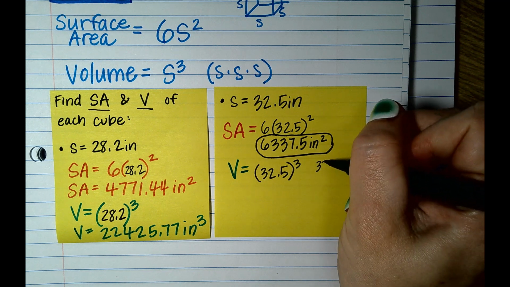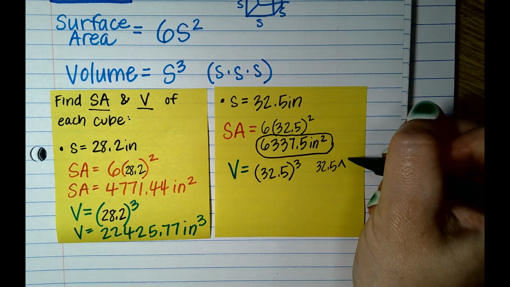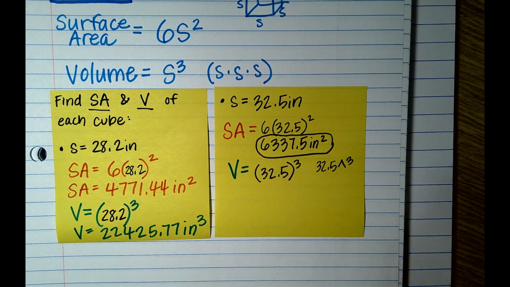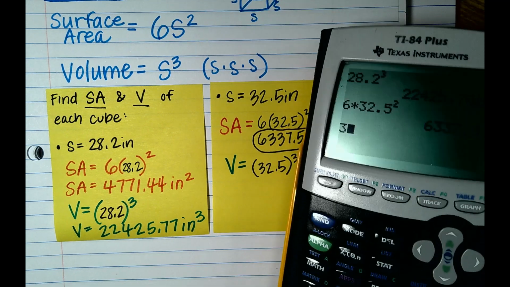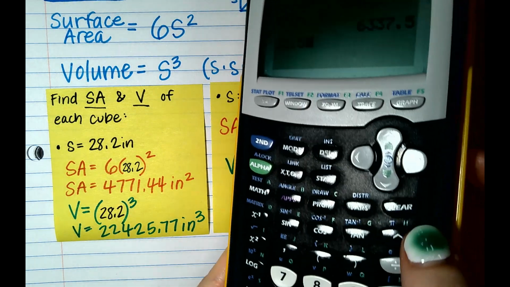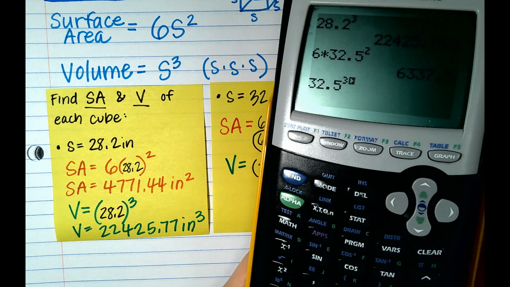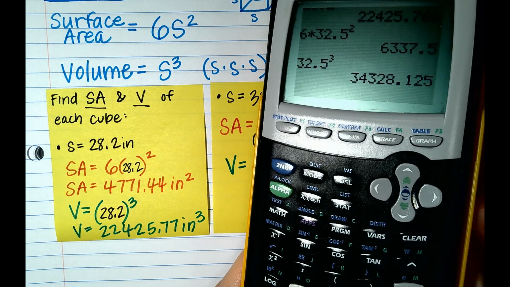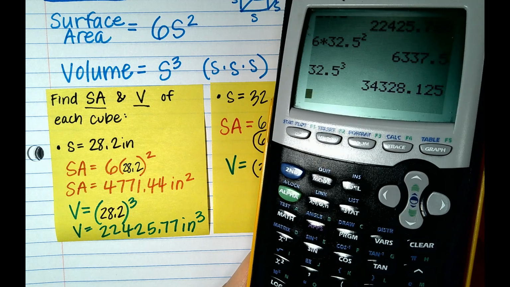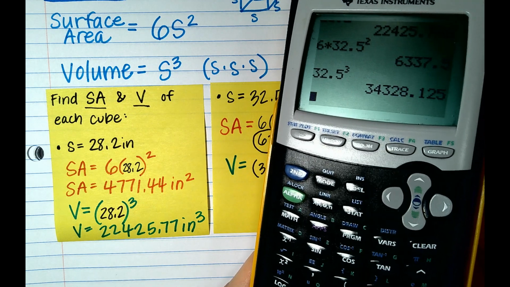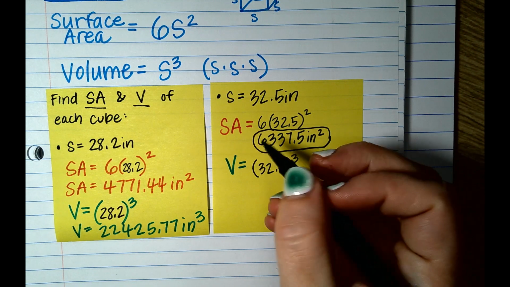You could write 32.5, your little up arrow, 3, because that's what we're doing. 34,328.125 inches cubed.